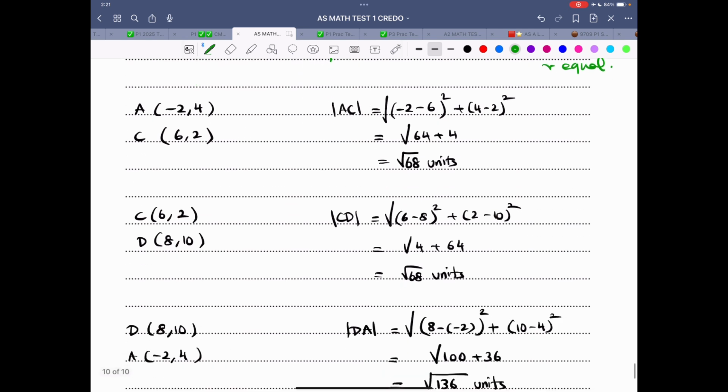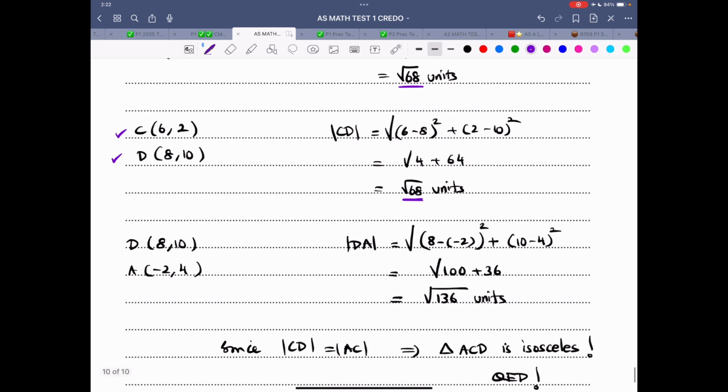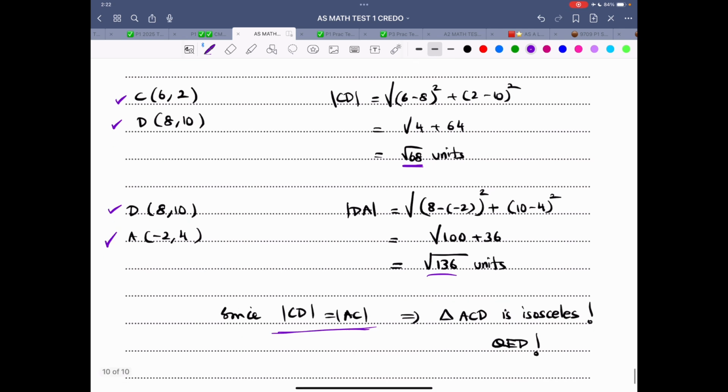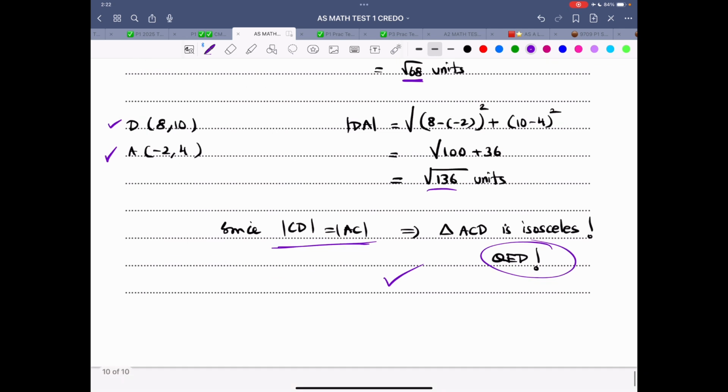Work with A and C: root 68 units. Work with C and D: root 68 units. I could have stopped here, but I went ahead and found DA, that is root 36 units. Since two lengths are equal, ACD is an isosceles triangle, quite easily done.